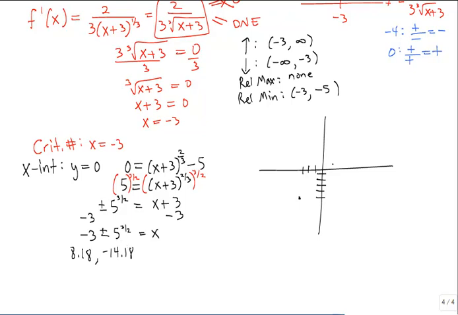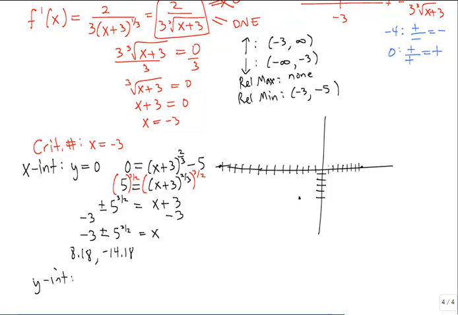So we have an x-intercept at a little over 8, so right about there, and then also at negative 14, so right over here.